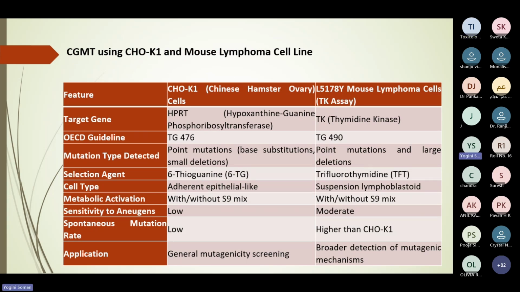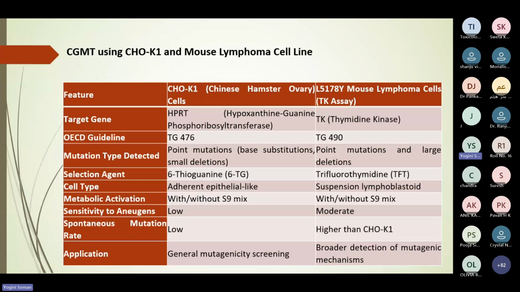So this is the difference between the CHOK1 cell line and the mouse lymphoma cell line assays. For the CHOK1 cell line, the target gene is the HPRT gene, that is hypoxanthine guanine phosphoribosyl transferase, and for mouse lymphoma, it is the thymidine kinase gene. The OECD test guideline is 476 for CHOK1, and 490 for mouse lymphoma.